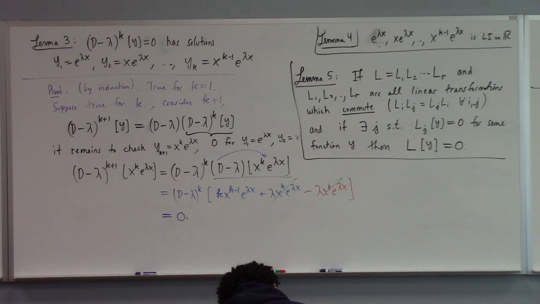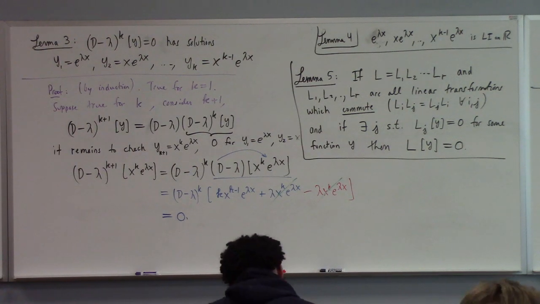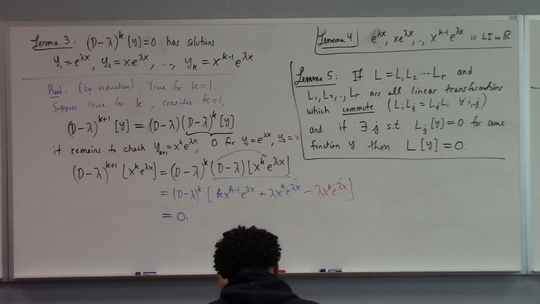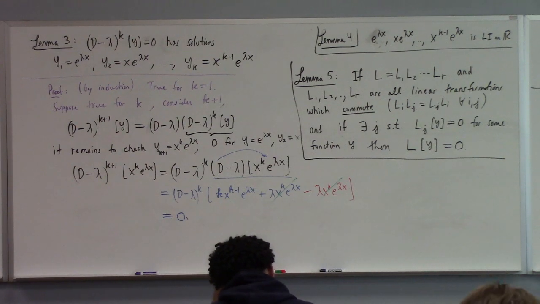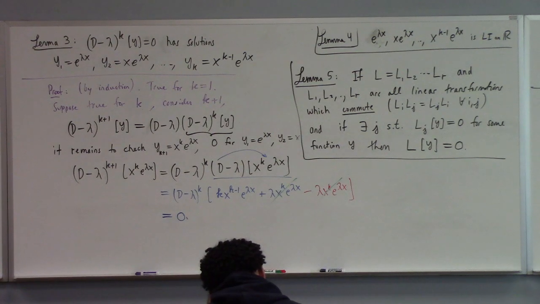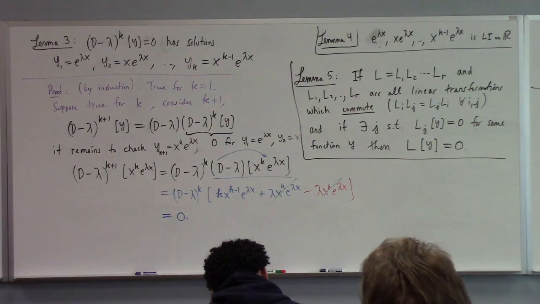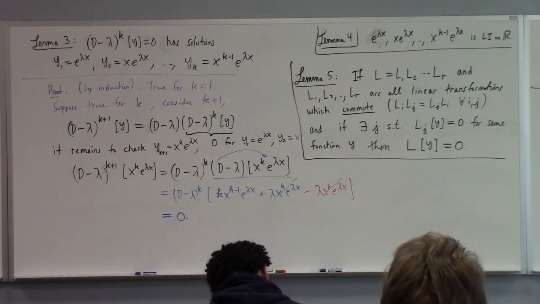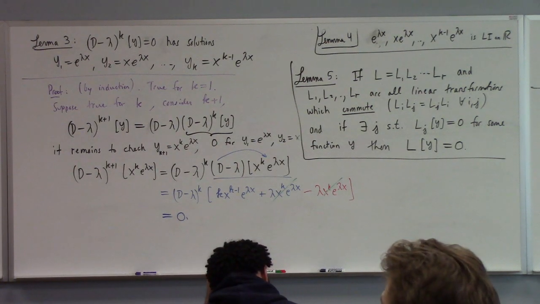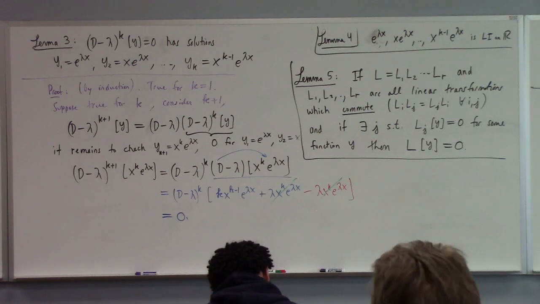Now you might be like, well, why are you talking about that? Where'd that come from, right? Well, I've been doing it all along, I just didn't tell you. What is e to the lambda x? What does that mean? Did I say that lambda was real? Search your heart.